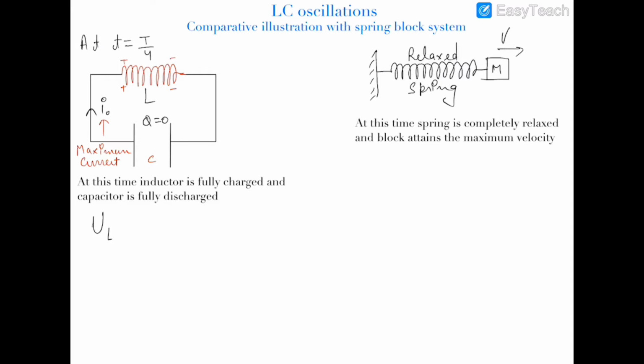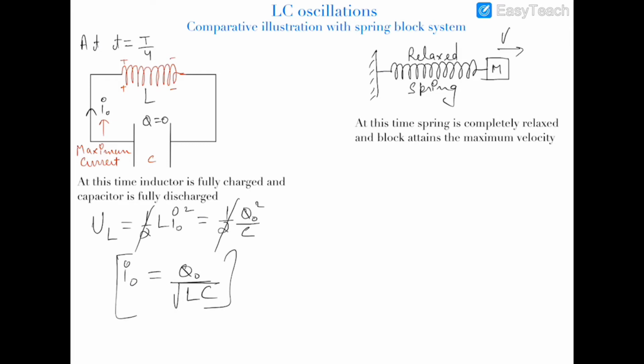Therefore, energy stored in the inductor, which is half L I naught square, will be equal to the initial energy which was with the capacitor. So I naught can be calculated easily by this relation, Q naught upon under root LC. So this is the value of I naught.